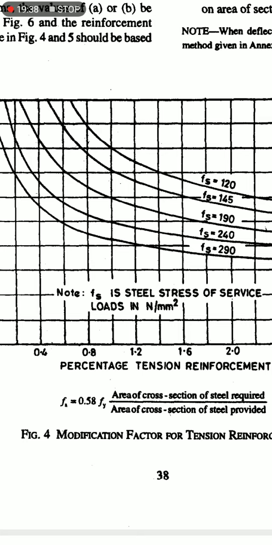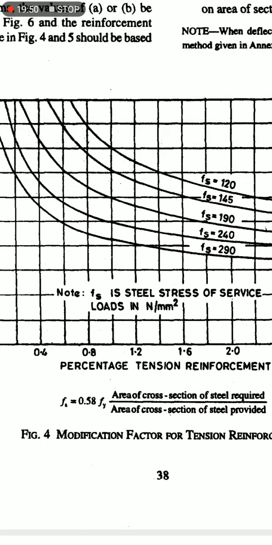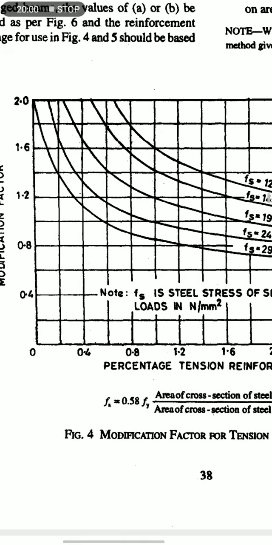For Fe 415, the sigma st value is 230 newton per mm square, so it is nearer to 240. Therefore we fix fs as 240 newton per mm square, and also we assumed the pt value, percentage of reinforcement, that is the x-axis value, 0.4 percentage.